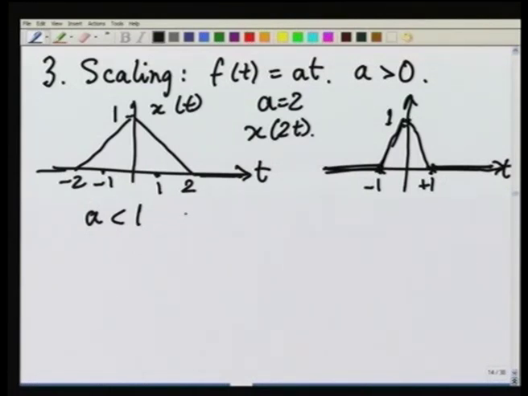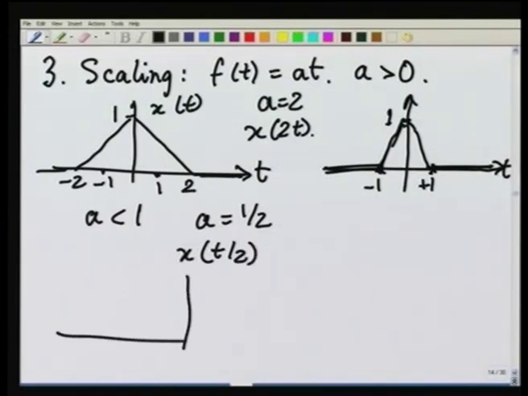So, let us consider say a equal to half, then we would get x of t by 2 as follows. The salient point at 2 would shift to the point t by 2 equal to 2, that is t equal to 4. So, we would have it at 4.